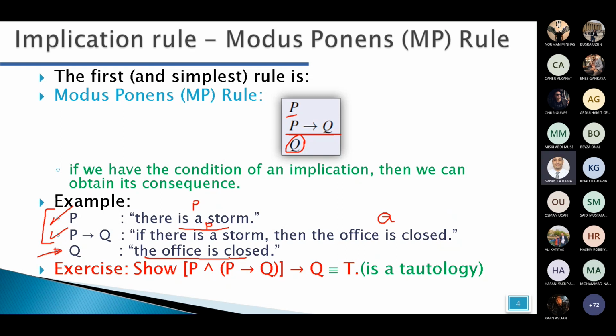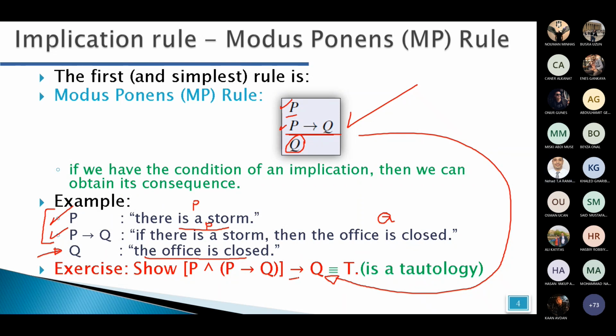Okay, try to prove this rule at home. How to prove it? You need to prove that P and P implies Q implies Q. Another time, it is equivalent to true. Why? Because it's a tautology. You can prove this using a truth table.